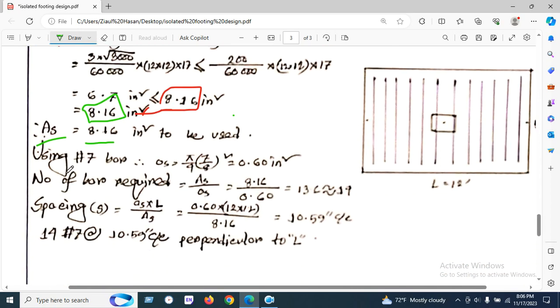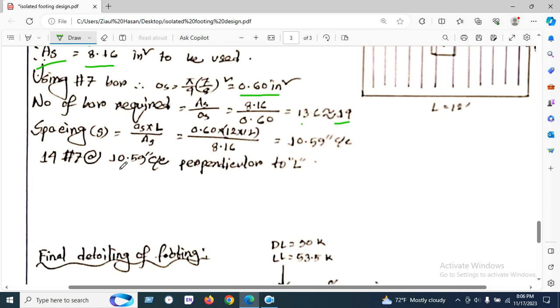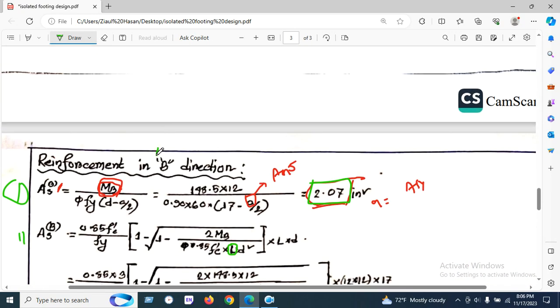So let's start in the same way. We are using the same number 7 bar, and the area of a number 7 bar is 0.6 inches square. The number of bars required will be As divided by the bar area, which is 13.6, but we will use 14 bars. And the spacing will be equal to L. Once again, note that we will use the L value because we are calculating in the B direction.